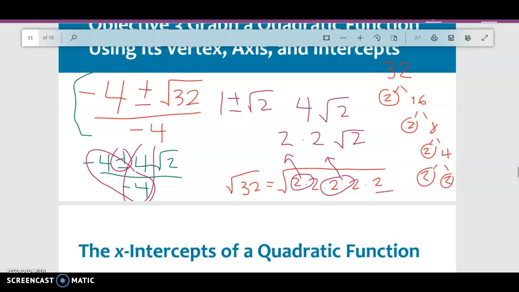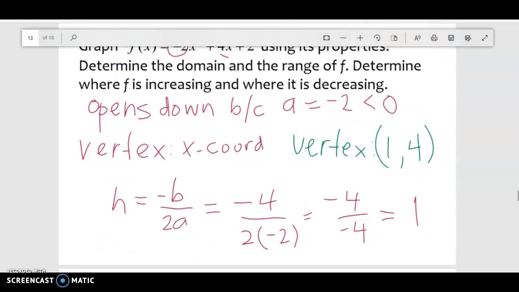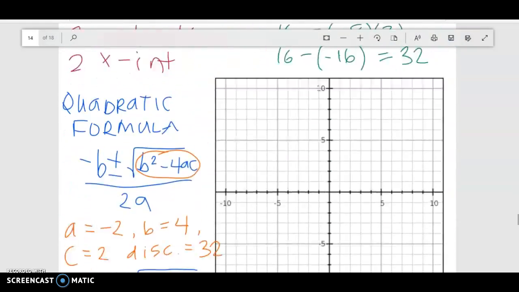All right, so I have 1 plus square root of 2, 1 minus square root of 2. Now these are my two x-intercepts, 1 plus square root of 2, 1 minus square root of 2. So I'm going to come back down here where it has some room, and I'm going to write that.